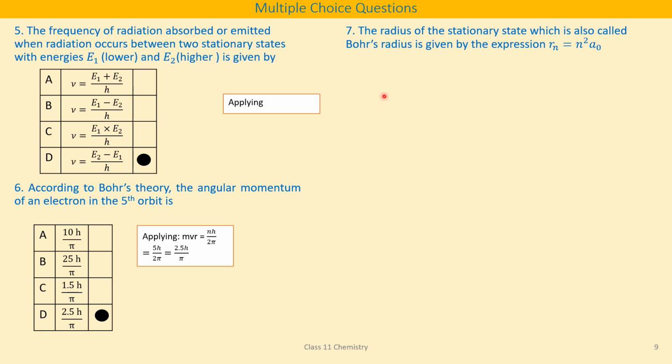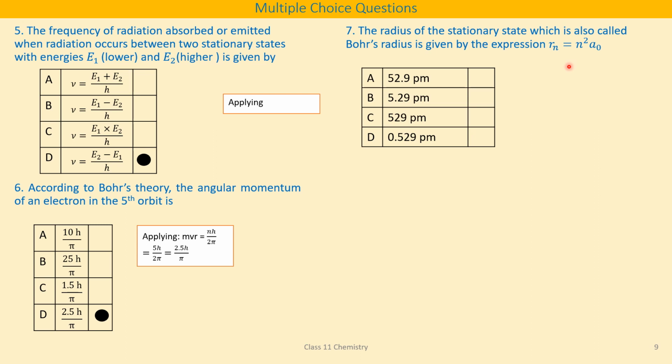Next question. The radius of the first stationary state, which is also called Bohr's radius, is given by the expression... and you have to calculate and identify the correct value. Four options are given: 52.9 picometers, 5.29 picometers, 529 picometers, and option D, 0.529 picometers.